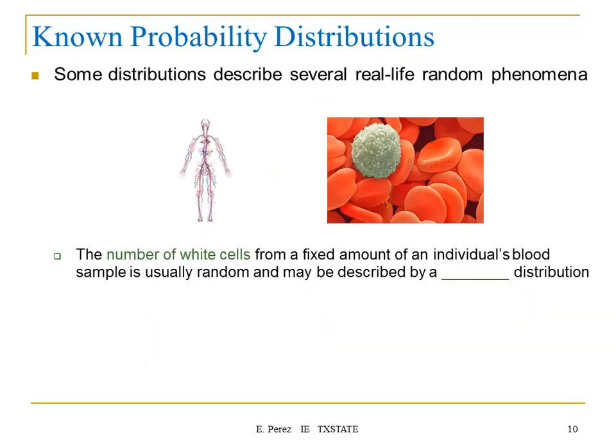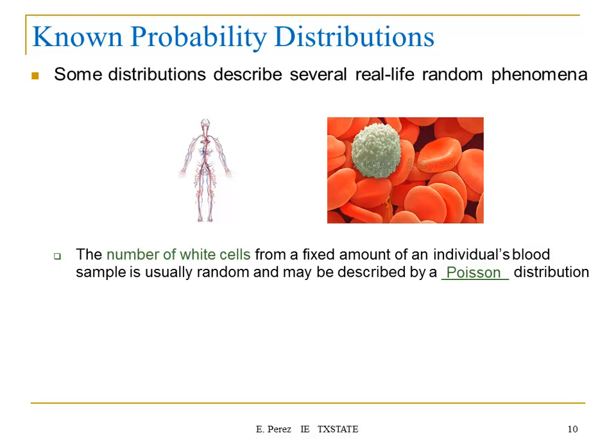Another example: the number of white cells in a fixed amount of an individual's blood sample is usually random and may be described by a Poisson distribution.